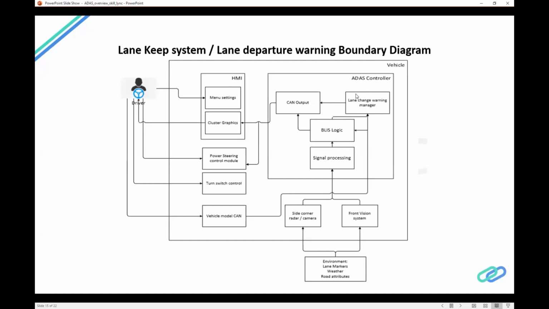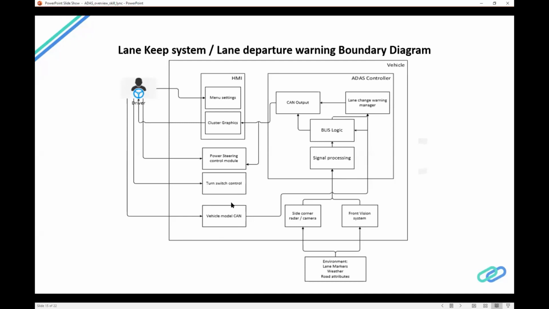All the feedback is transmitted through the CAN output in the form of cluster graphics or the power steering control module. And from the driver input side of things, there is of course the vehicle CAN model, which gives all sorts of information on the size of the vehicle and the speed of the vehicle, and all those things are taken into account before calculating the warning type.